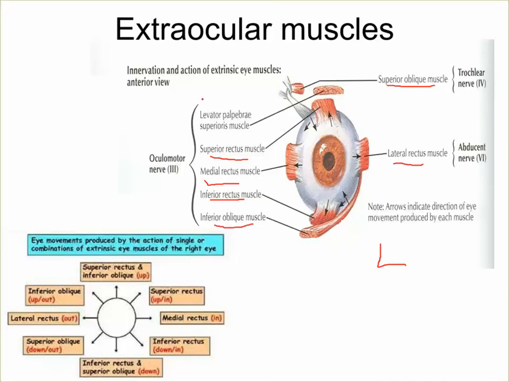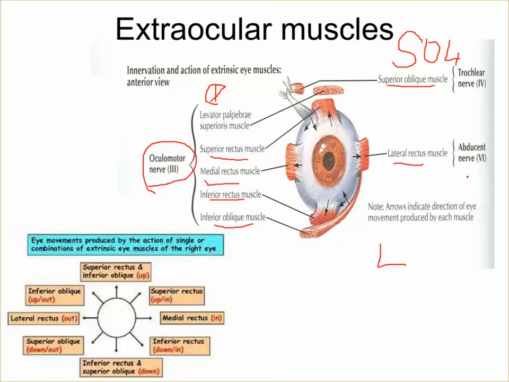All these muscles, that is the levator palpebrae superioris, superior rectus, medial rectus, inferior rectus, and inferior oblique, are supplied by the oculomotor nerve, the third nerve. The superior oblique is supplied by the trochlear nerve, so you can remember the mnemonic SO4.